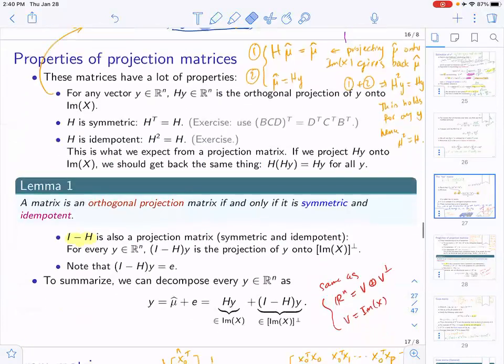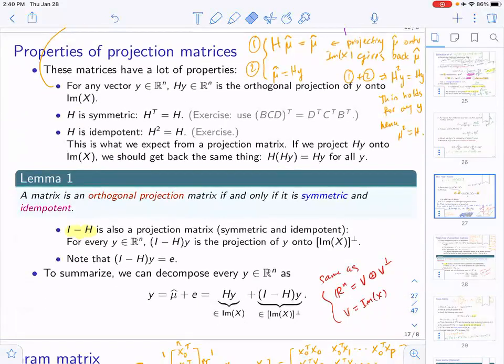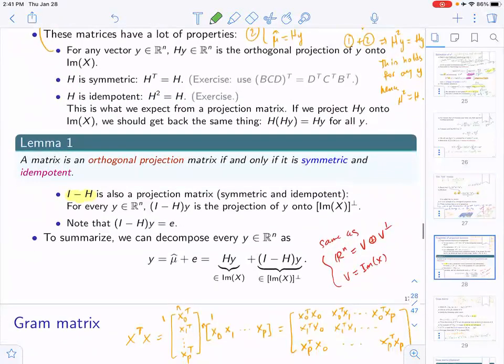And so some of the properties of this matrix, which is true for any projection matrix, is that it's a symmetric matrix. You have verified this in your homework problems. H transpose is equal to H. It's idempotent, which means that H squared is equal to H. And it turns out that any matrix that has these two properties is an orthogonal projection matrix.